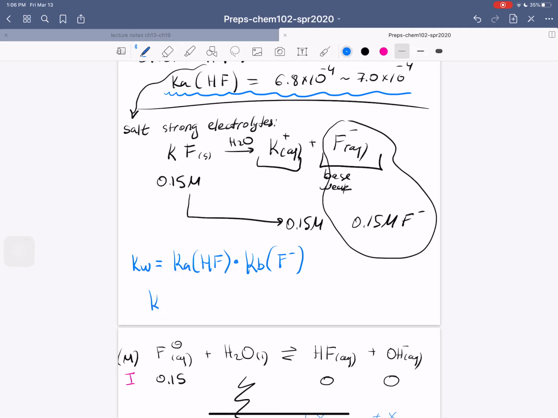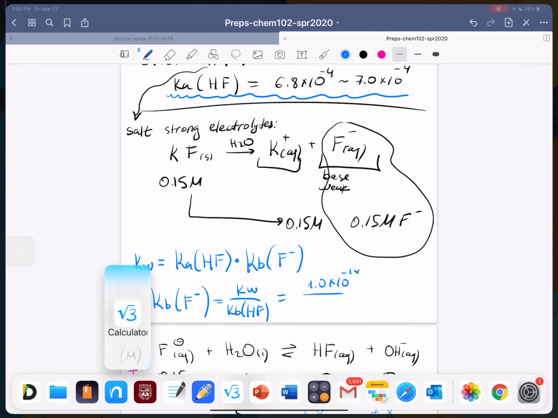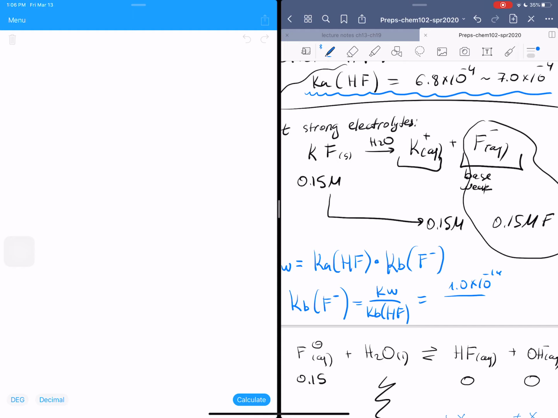So let's do it. The value of the Kb of F minus will be the value of Kw divided by the Ka of HF. When I do my calculations, it is 1.0 times 10 to the negative 14th divided by 6.8 times 10 to the negative 4th.